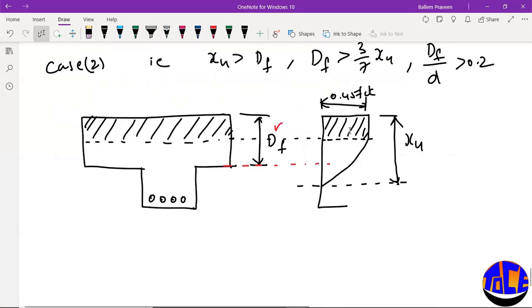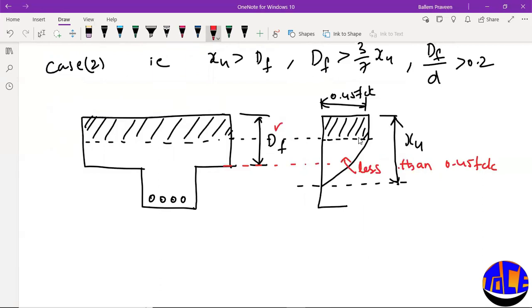Here the depth of the flange is more than the rectangular stress block. So somewhere within the flange you will have the rectangular portion, and the stress is less than 0.45 fck, slowly reducing from 0.45 fck to 0, starting within the flange itself.